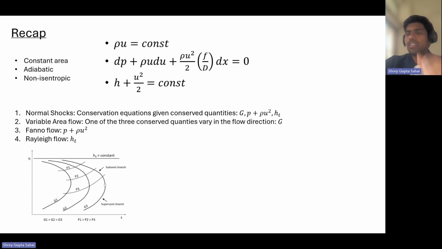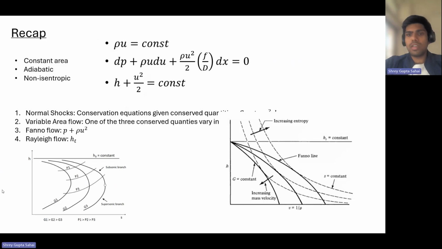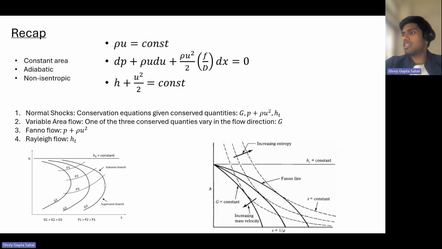We saw h-rho curves also, and h-s curves. That was one thing. Something of this sort. Some h-rho curves we had seen.